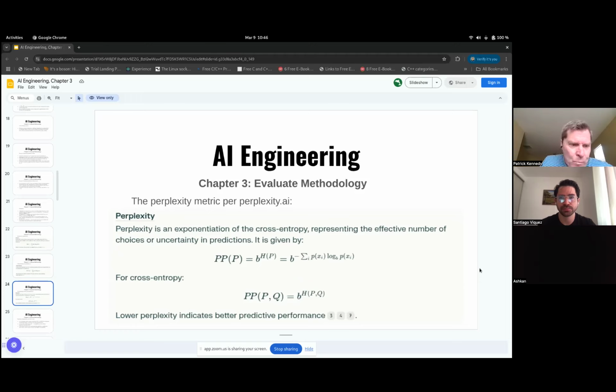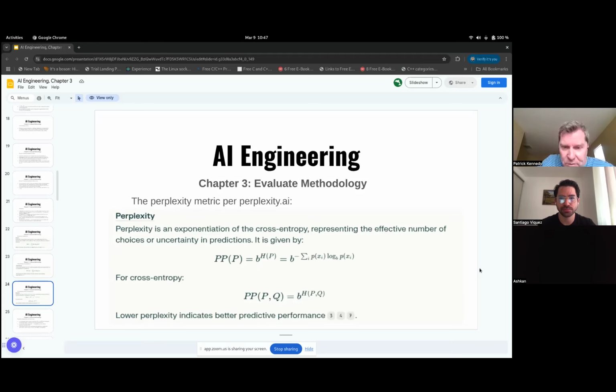So here we've got slide 24, the perplexity metrics. Okay, so now we're going to do perplexity metrics. Maybe we'll get a better intuition of how that works. Perplexity is an exponentiation of the cross entropy.